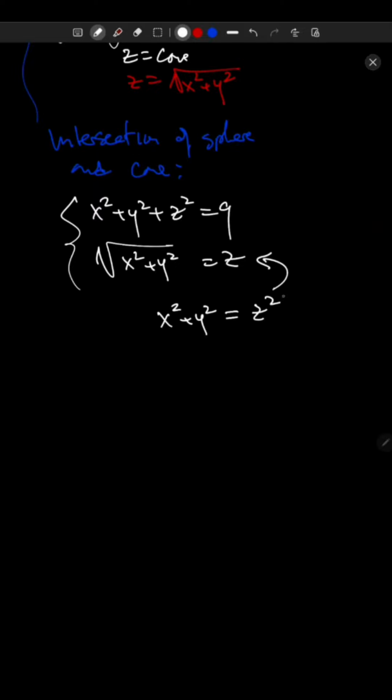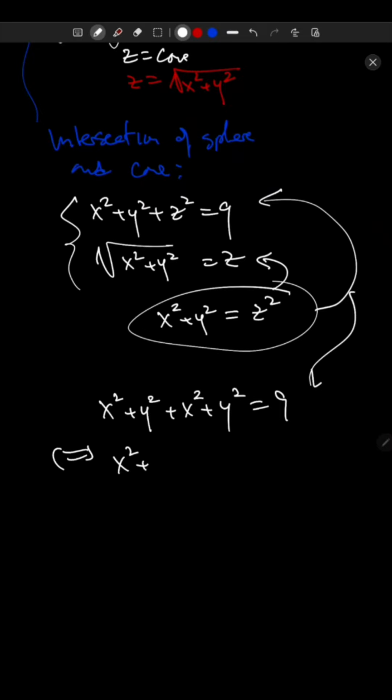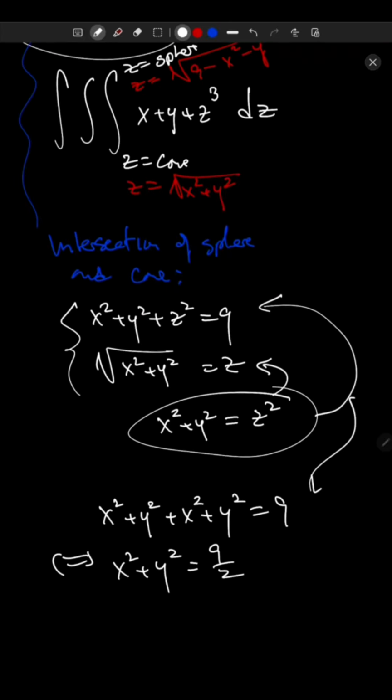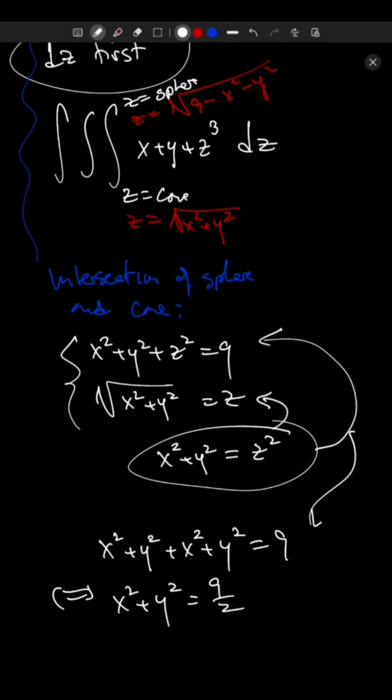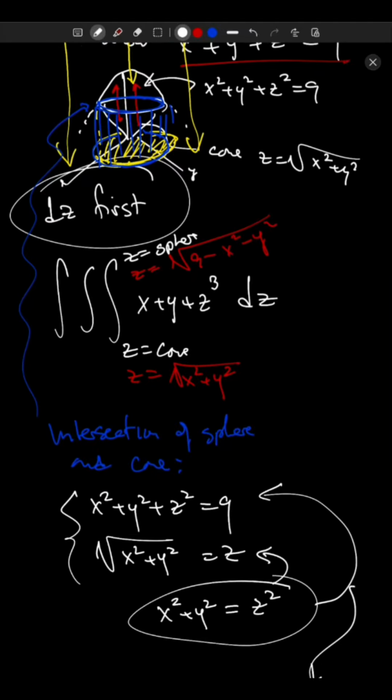Putting that into our first equation gives me x squared plus y squared plus x squared plus y squared equals 9. And so x squared plus y squared is equal to 9 over 2. That describes our region.